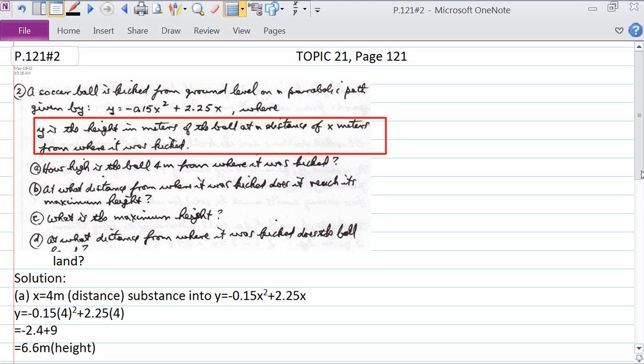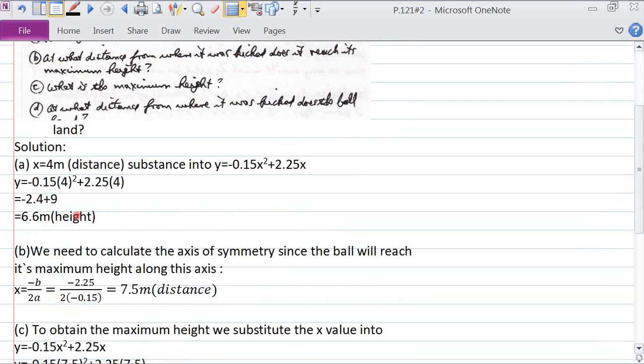Okay, so we plug that into the equation, and here's the equation, and x equals 4. So we substitute the x here and the x here as 4. This becomes 4 squared because it's x squared here, plus 2.25 times 4.